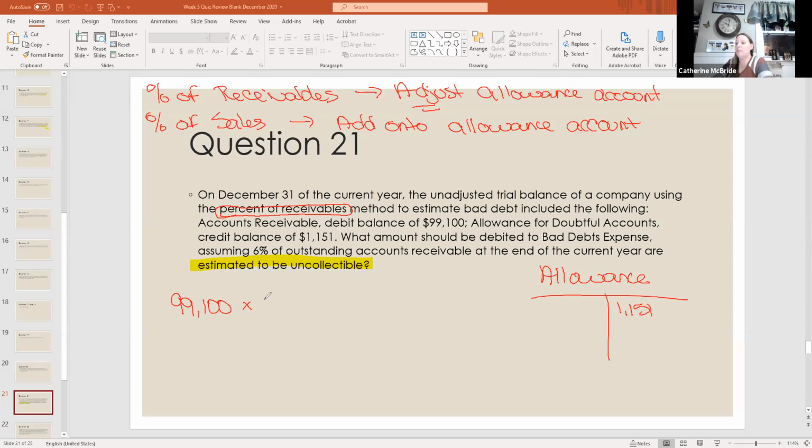If I'm going to estimate that 6% won't be collectible, then I'm going to estimate that $5,946 won't be collectible. What that tells me is that I want this balance to be $5,946. So the question is, my expense is what does it take to get from the $1,151 that's there right now to the $5,946.